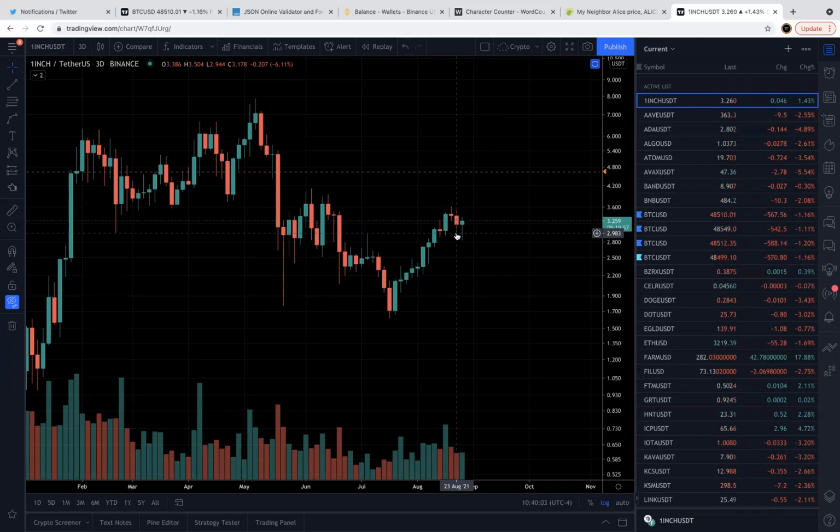If a coin is not outperforming Bitcoin, then we cannot say that alt has a season. You know what I'm saying? So it doesn't make sense. So even though Bitcoin dominance is going down, if my alt is not outperforming BTC, I cannot say that alt has a season.